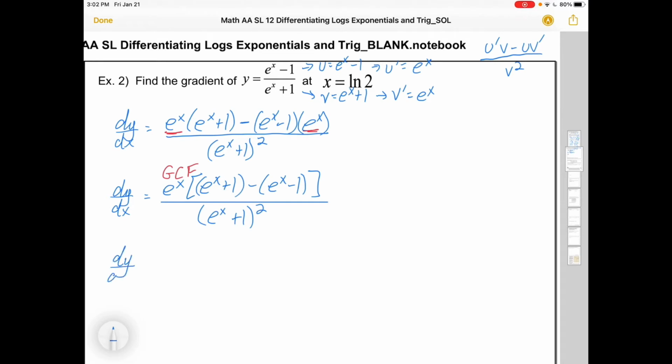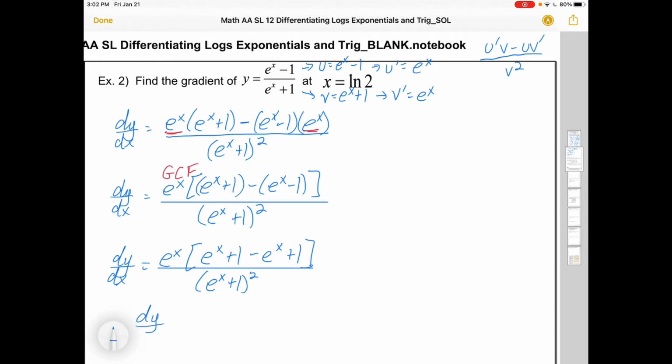Let's keep going here. In those brackets, you might want to do this without showing all the steps. I am going to show the steps, though. It's e to the x plus 1 minus e to the x, and this is minus a negative, so plus another 1. And we'd actually get here whether we had multiplied out or whether we factored.